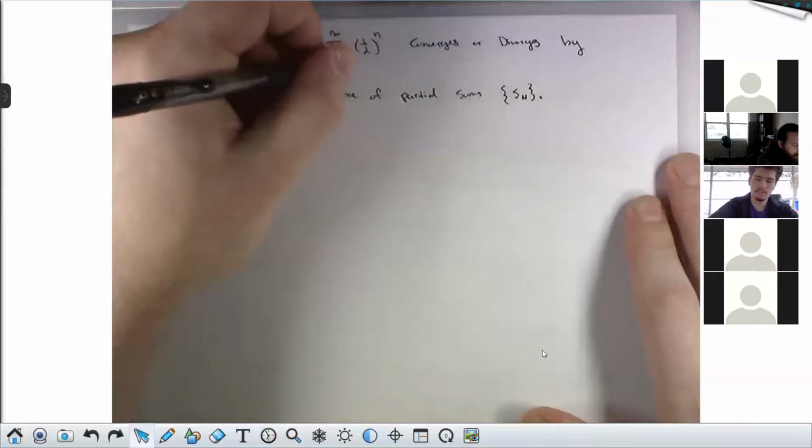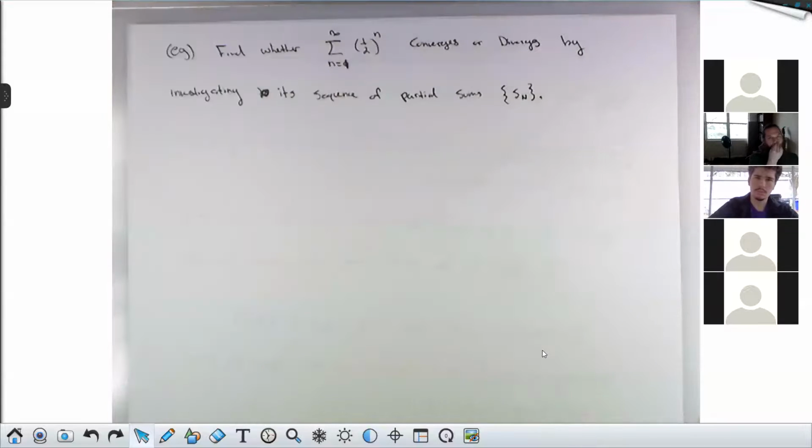So I originally wrote start at n equals 0. I want to start it at n equals 1. These first few examples, it'll be easier.